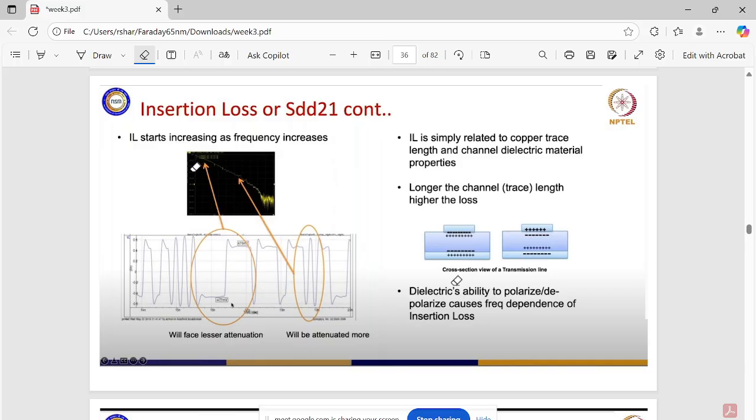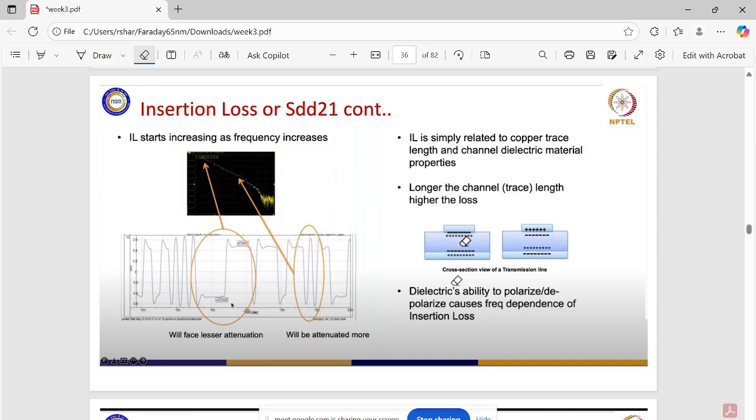And when we go to the high frequency, we have more attenuation, and this is the property of the copper conductors. And when we are transmitting an electromagnetic wave, it is a transmission line. There is a dielectric and there is a ground reference, plus minus, and dielectric in between.